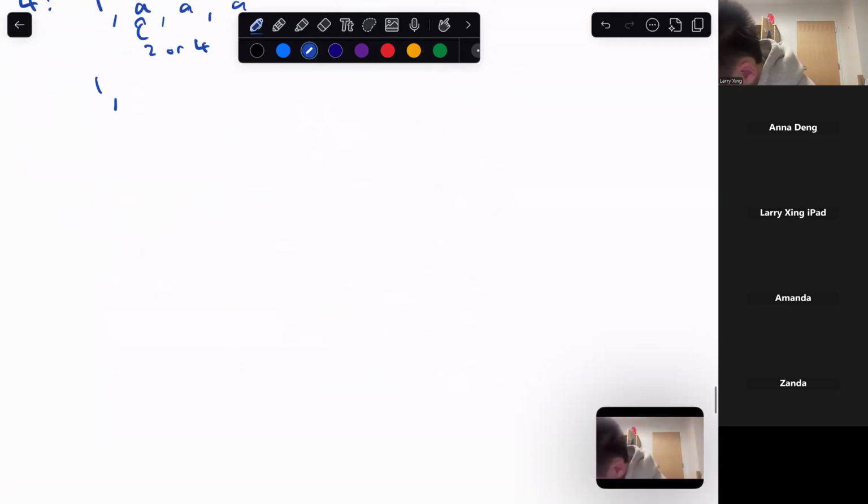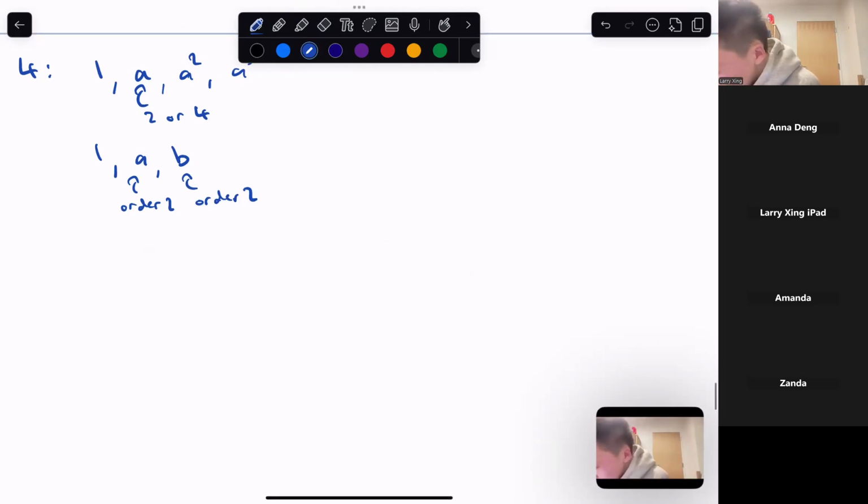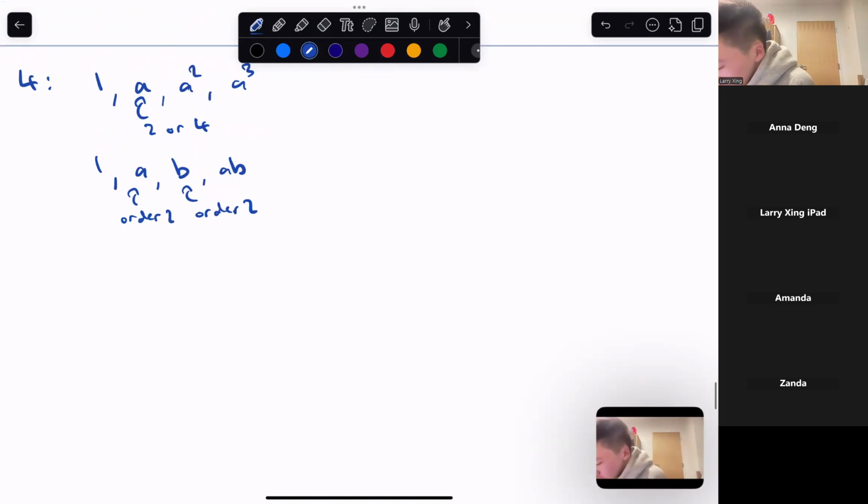Otherwise, if A has order 2, then A cannot generate the whole group. So now we need another B. So let's say this has order 2. So if B has order 2, then our possible products are A, B, and AB, and this generates another group.